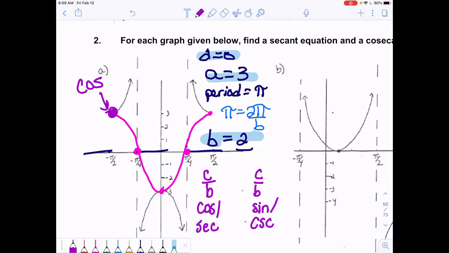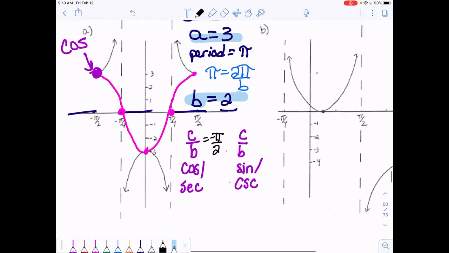So it starts up high and it moves down low. So that's at negative pi over 2, which is our C over B value. Let me write it above. So you have to find the max, and then that is the phase shift. So whatever the max is for cosine is the phase shift for cosine, the phase shift for the secant.